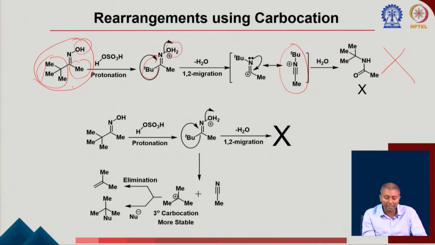What is happening here is that instead of this migration, as the tertiary butyl is very stable, there is a fragmentation.